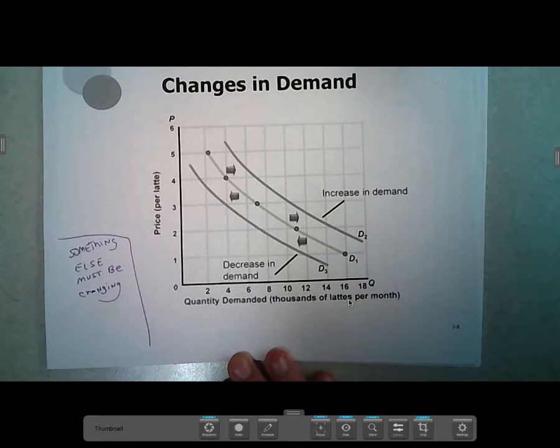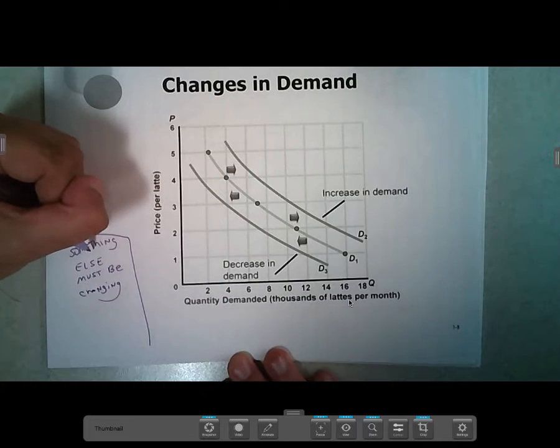Something else other than the price. It's not the price that's changing. It's something other than the price that's now changing.